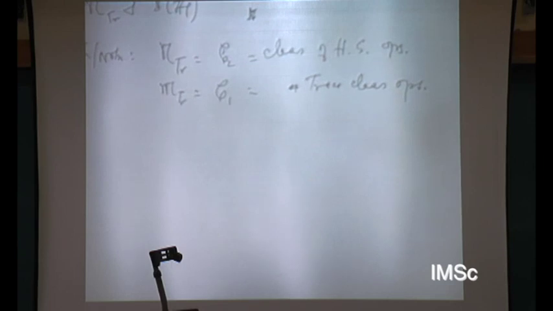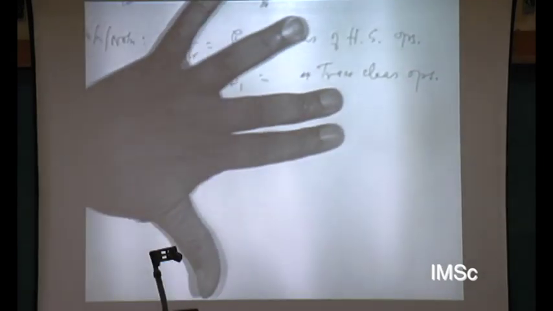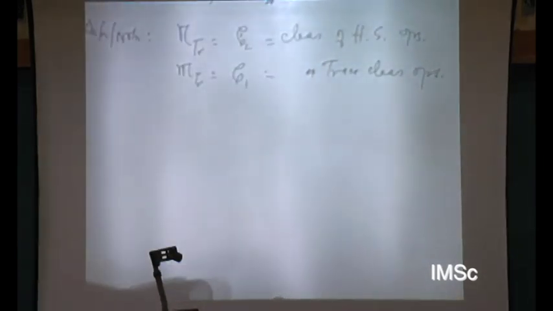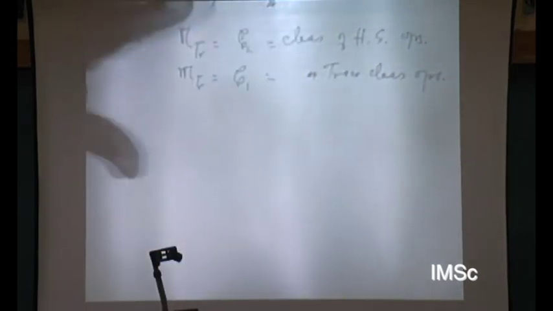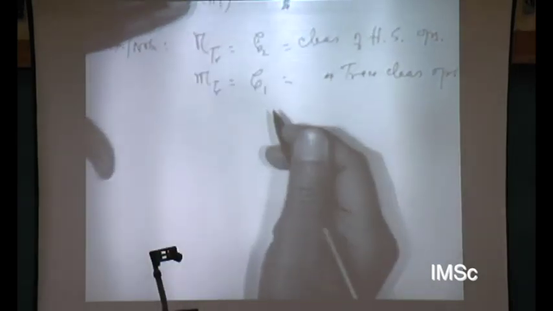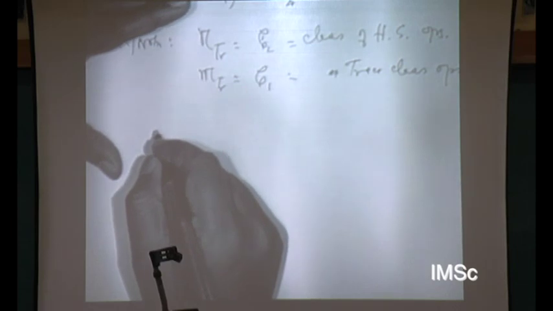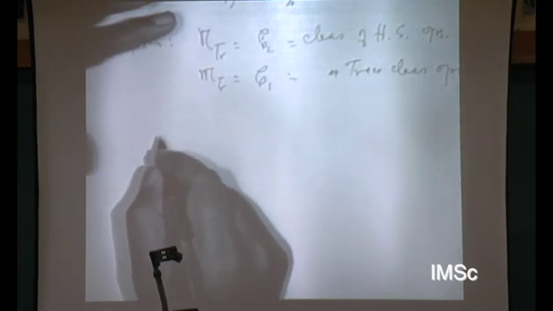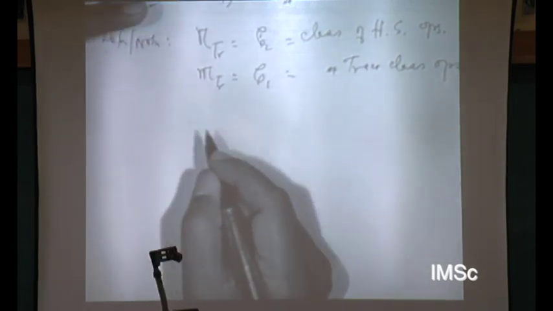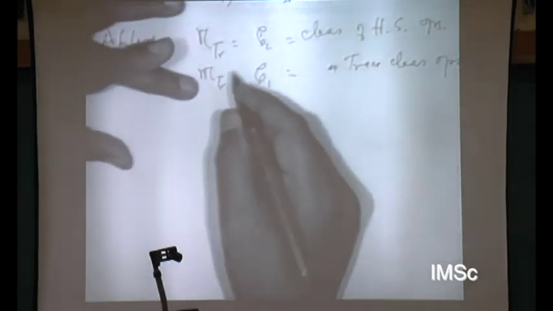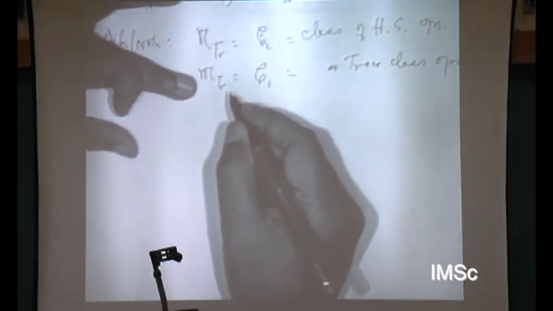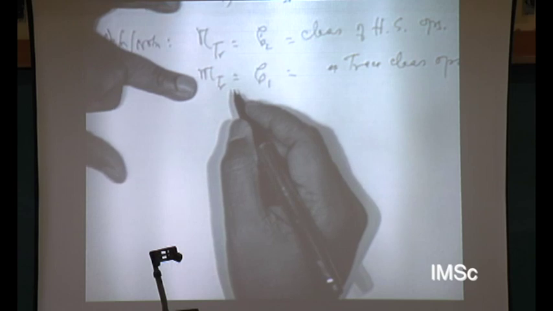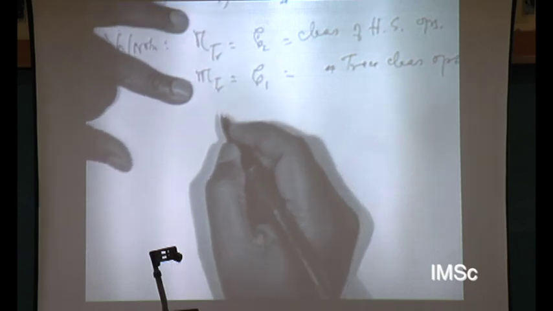So I want to digress a little bit with these trace class operators, or even Hilbert-Schmidt operators. See, notice that, which is bigger, C1 or C2? This is n star n, and n was an ideal. So m is contained in n.